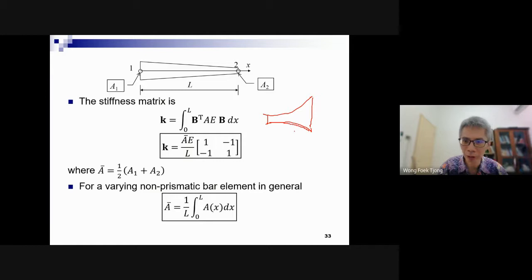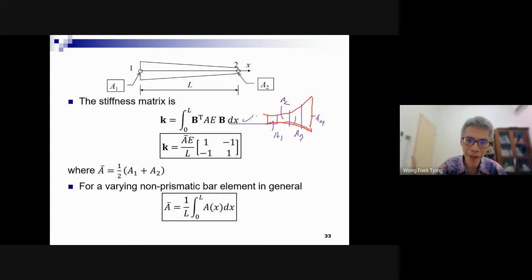And then we want to divide it into some number of elements, up to you. For example, I want to divide into 4 elements. How to determine the area here? A1, A2, A3, A4. The best one is to be consistent with this one.